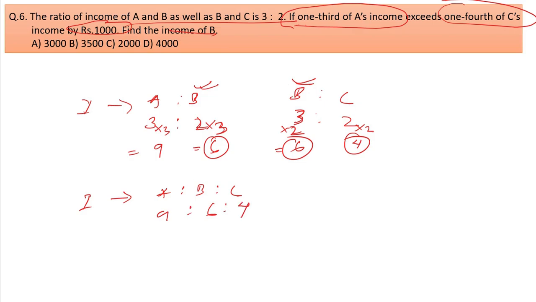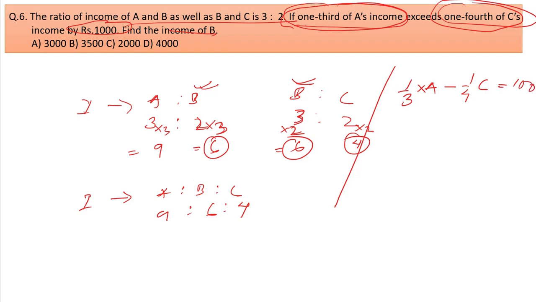The question is saying 1/3 of A's income exceeds 1/4 of the income of C. That is, here we have 1/3 of A minus 1/4 of C, which is rupees 1000. So 1/3 of A is 9.